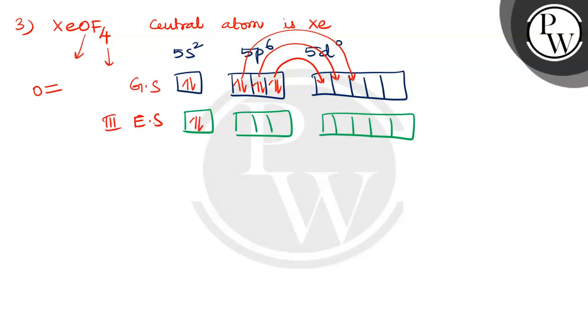This retains like this and the remaining are excited. Now for one oxygen, one d orbital is left for pi bond formation and the remaining orbitals undergo hybridization.